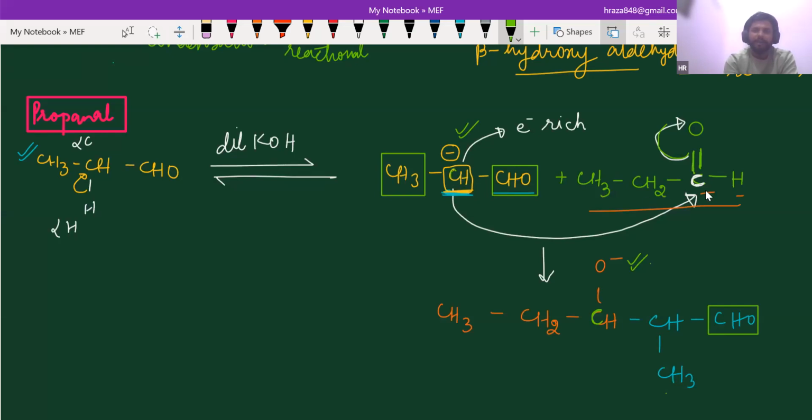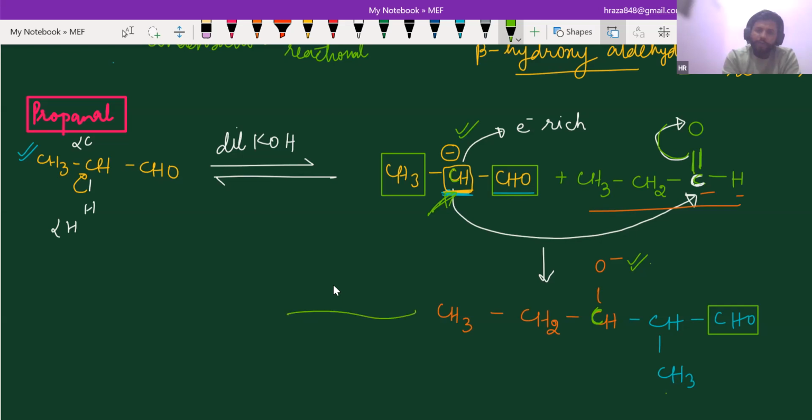That means this carbon gave electron to this carbon. So there was positive charge, and since it gained electron from this carbon, negative and positive cancel each other. Are you getting my point? Okay, sir. Clearly, have you got it, or should I explain it again? No, sir, I think I got it.